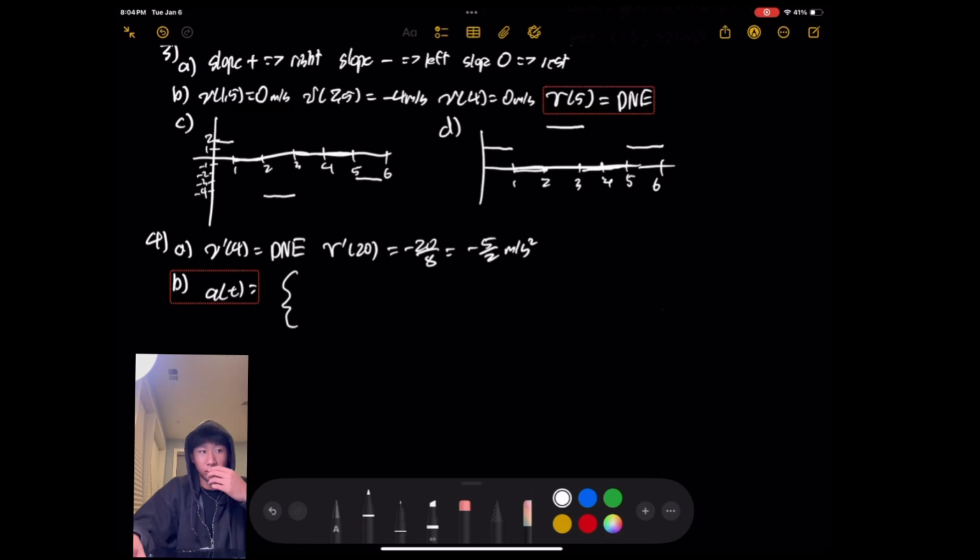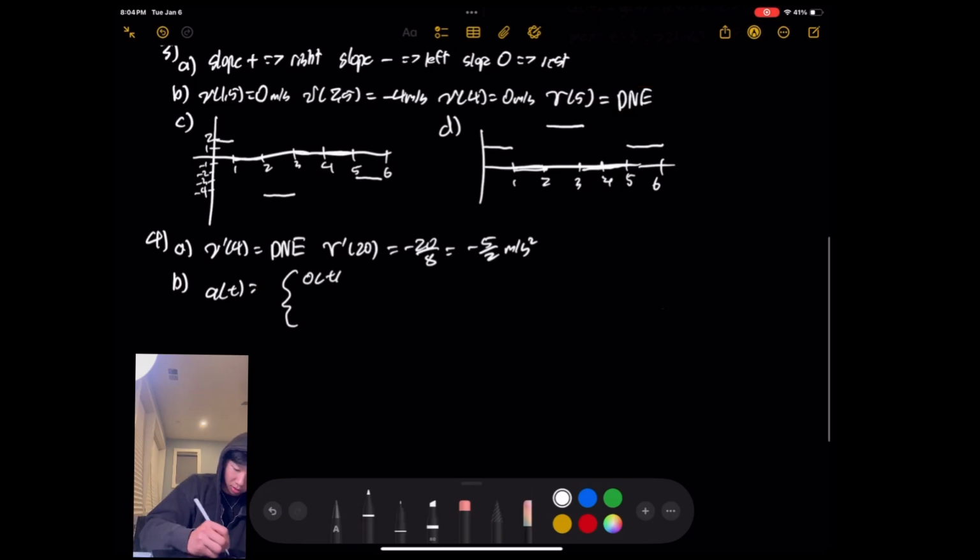Acceleration is just a slope. So this is how you're going to write the piecewise function. From 0 to 4, acceleration is going to be equal to the slope, which from 0 to 4 looks like it's 5.